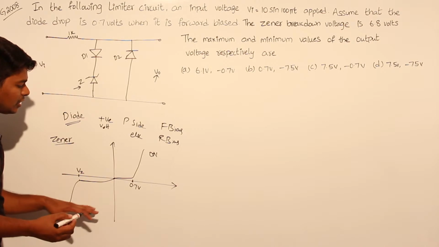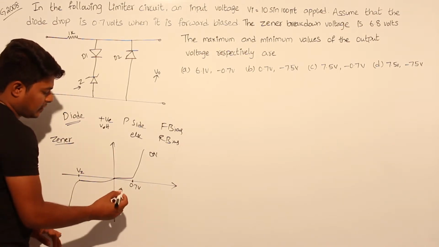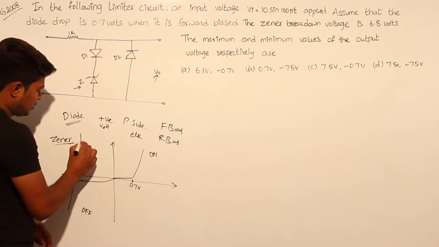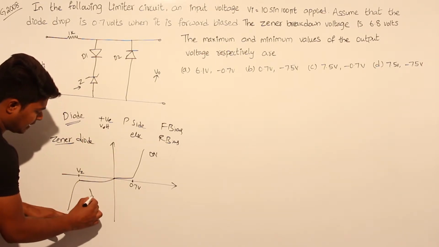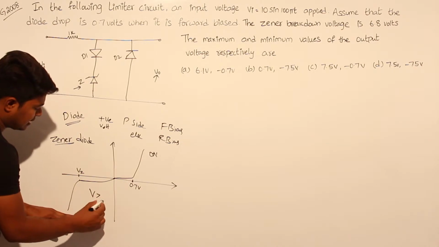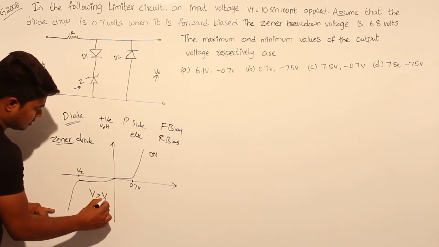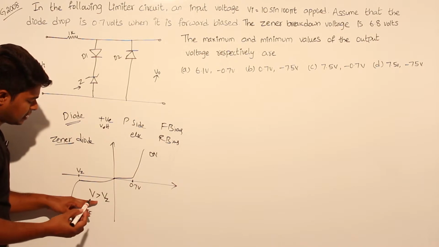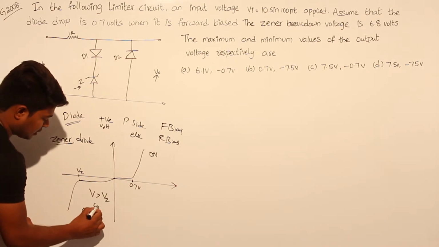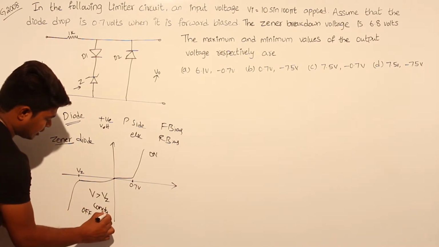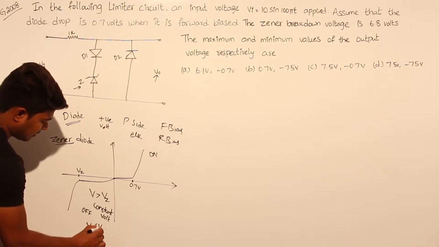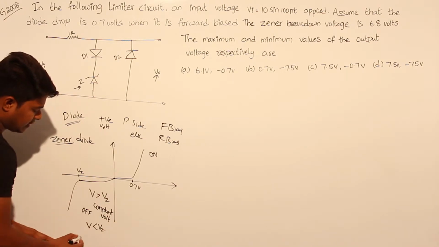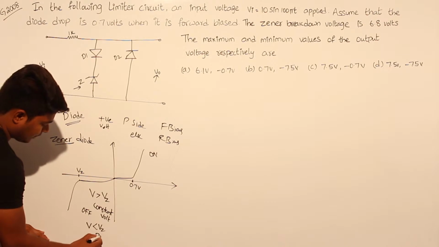Now, whenever the voltage V applied to the Zener diode is greater than the Zener breakdown voltage, it will maintain some constant voltage. Whenever the applied voltage V is less than the Zener breakdown voltage, it will be in reverse bias.